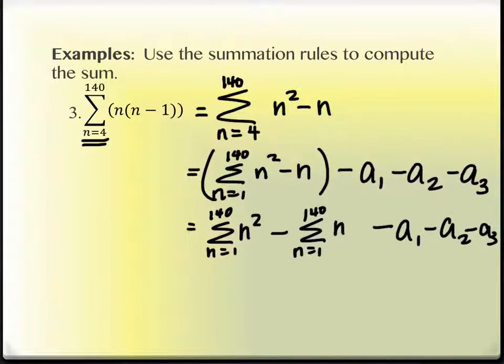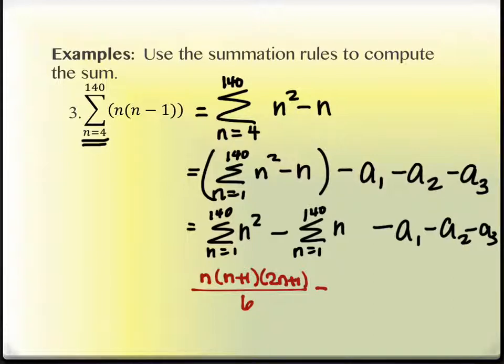All right, but n squared, or i squared, if you go back and you look, what is the actual formula that it's telling me to use when I have i squared? N times n plus 1 times 2n plus 1 divided by 6. Yes. Good job.